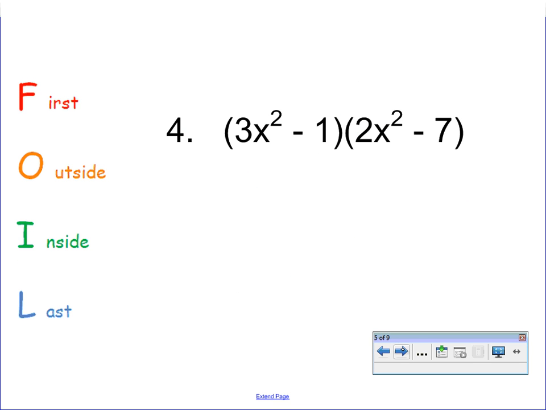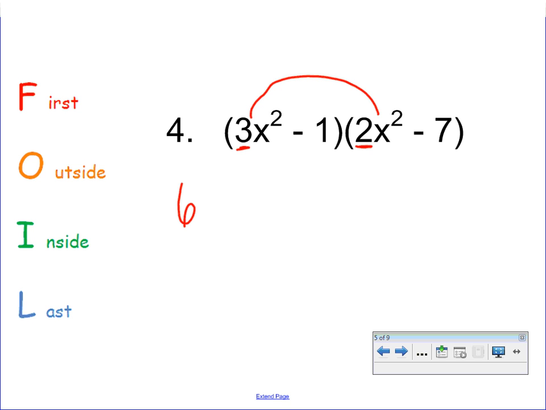Okay, example 4. Same exact thing. I have two binomials I'm multiplying together. So I'm going to follow my FOIL. First, multiply the first terms together, the 3x squared and the 2x squared. Okay, here, what is 3 times 2? This coefficient 3 times this coefficient 2 gives us a 6.